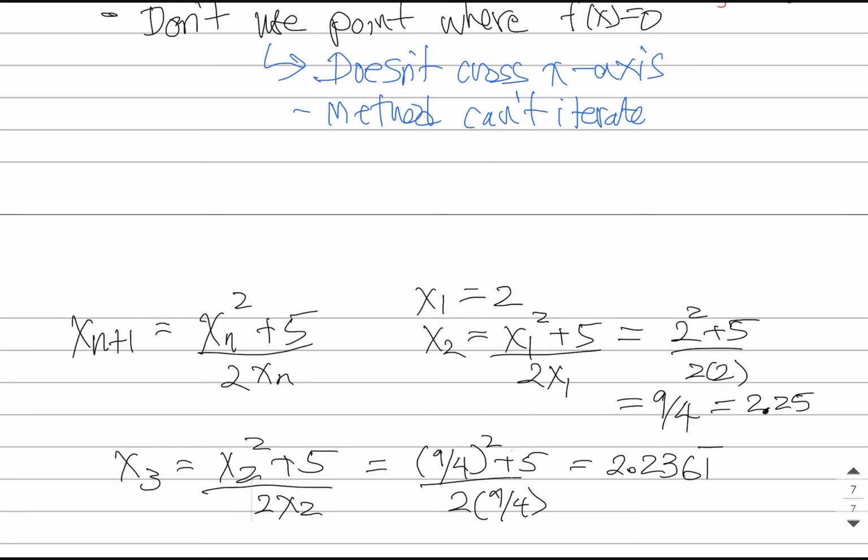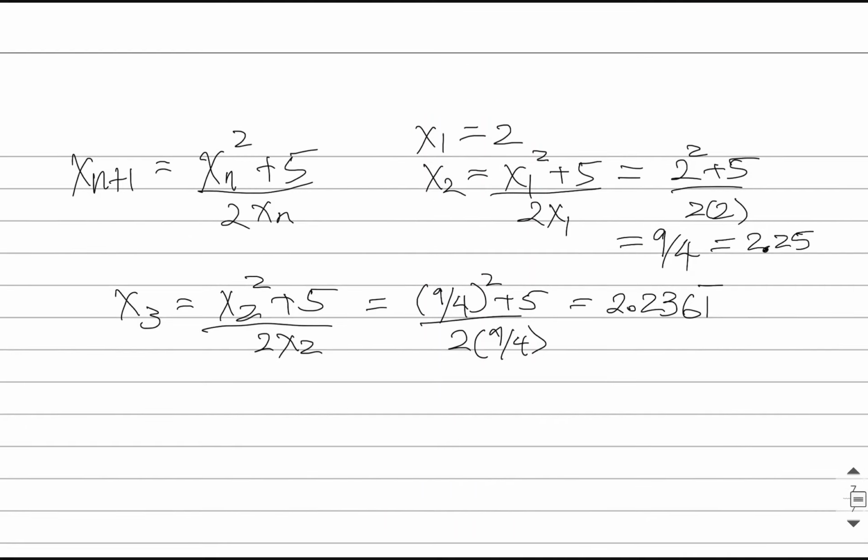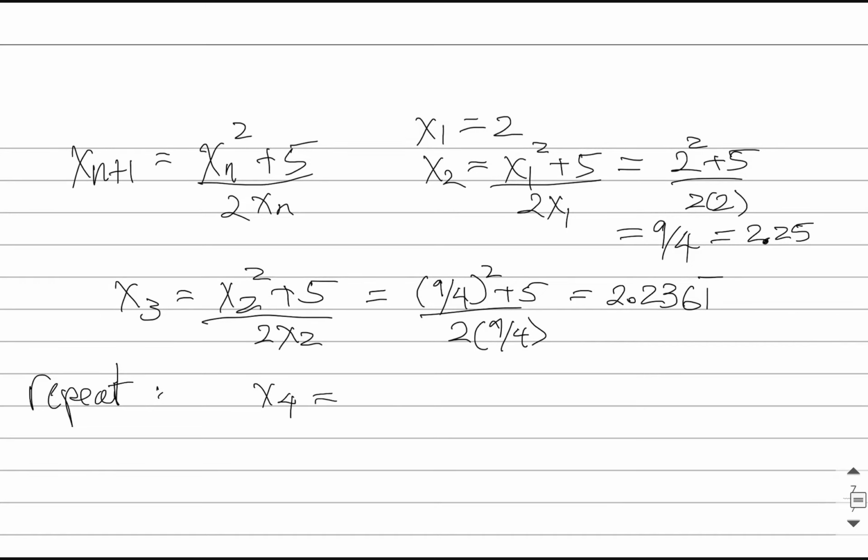So you'll get 2.2361 repeating. And you can see that as we keep going, we are just going to get a long string of decimals for an approximation. And that's okay. That's what this method does. Sorry. So I'm just going to hammer out a few of these here and write them out for you, and then I'll discuss what we get.